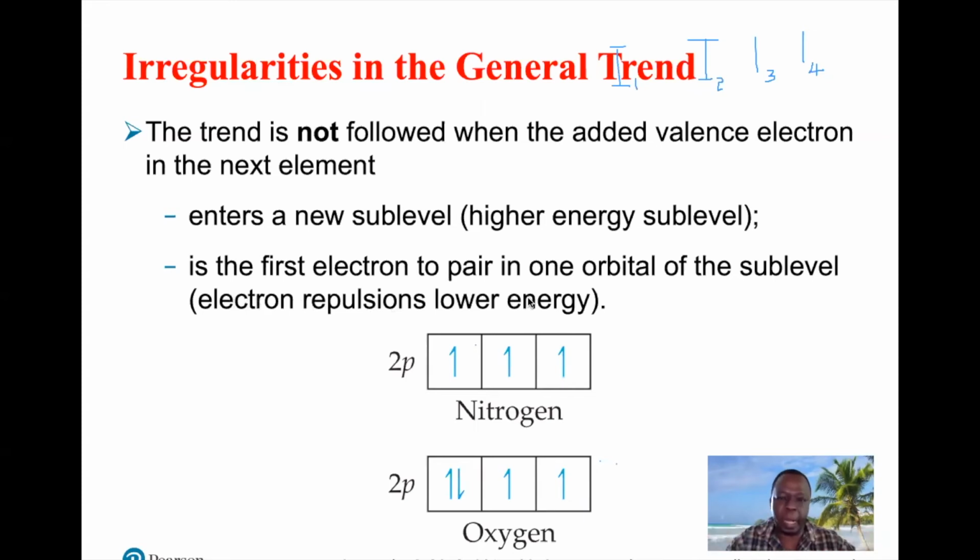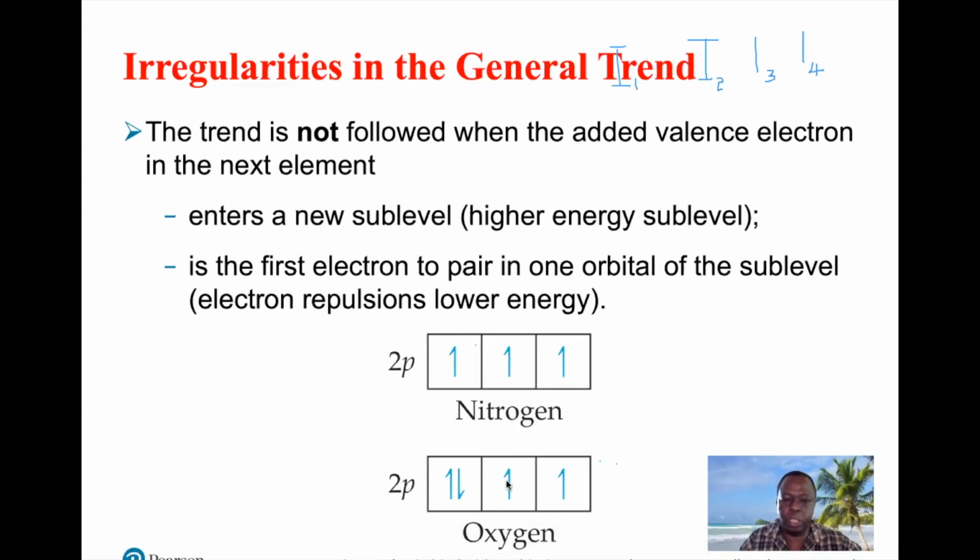So to conclude which one will have lower first ionization energy, you may want to write the orbital filling diagram or electron configuration for the element in question to really see this repulsion of electrons in an orbital within the sublevel.